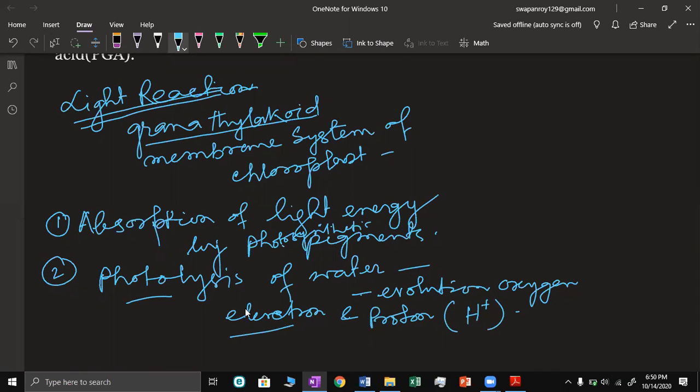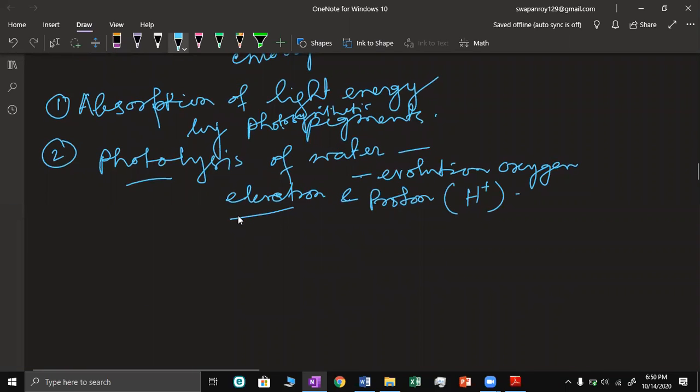These electrons were accepted by the chlorophyll reaction center, which before that, when it absorbs light energy, releases an electron. So this loss of electron is made up by getting electron from water.